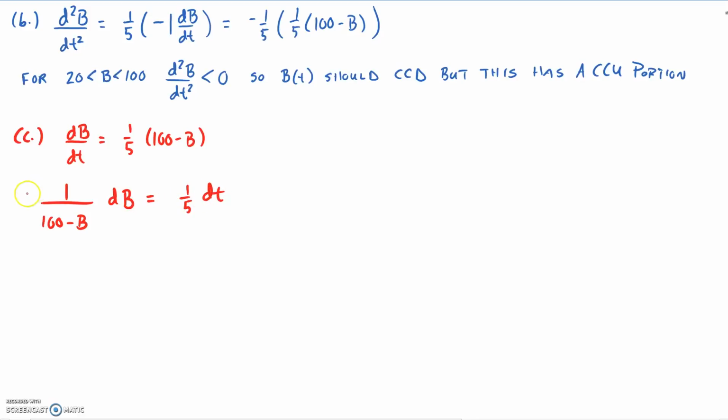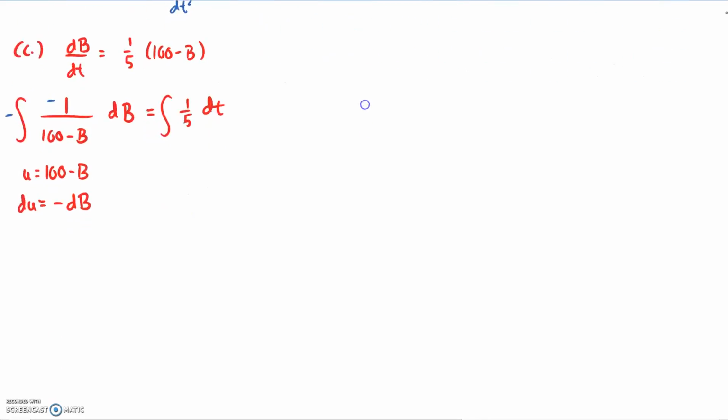Now that we separated the variables, we're going to integrate. This is going to be a common mistake on the left side, is that students are going to forget to do u substitution. In this case, the u is 100 minus b, the du is negative dB. So we do have to multiply inside by a negative and outside by a negative.